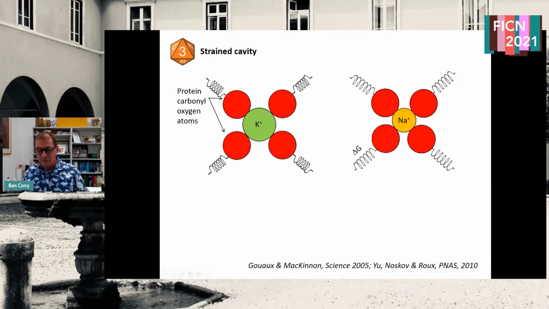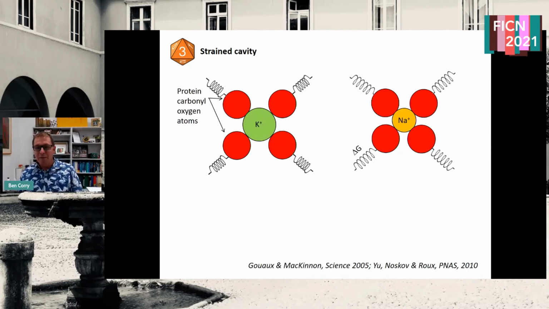And again, this makes complete sense. Any kind of strain in that protein is going to have an effect. Now, this strain can come from many causes, and I think it's actually a really challenging thing to quantify. Again, Roux and colleagues have come up with quite a good method for trying to decompose this, but it's quite challenging because the strain can come from so many different causes.